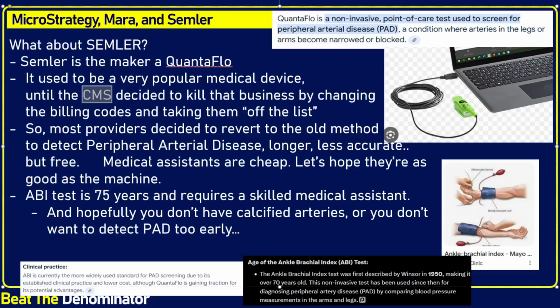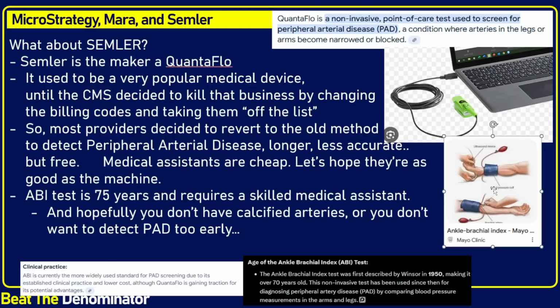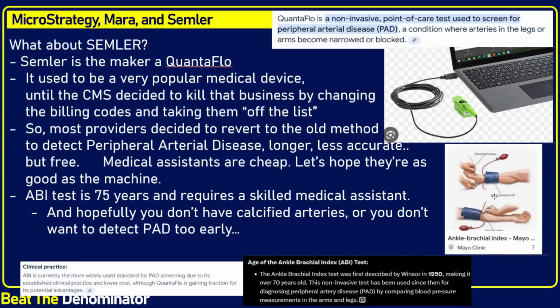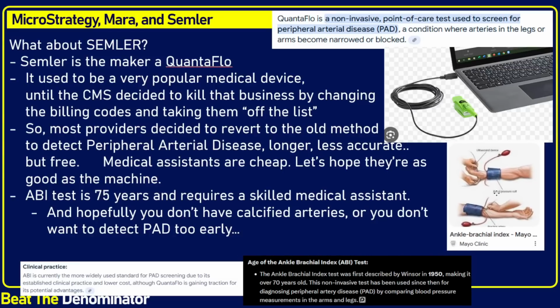These clinics still implement the system, but they've dropped a lot in sales because now it's mostly people paying out of pocket, and the clinics have reverted to the quote-unquote free system, which is the ABI test. Typically they hire a medical assistant, an inexpensive worker, to do this test. It's an old test. So yes, we went back 75 years in time, essentially.